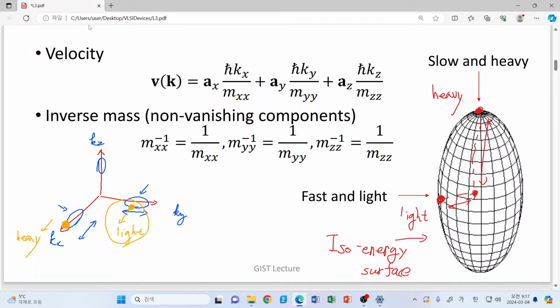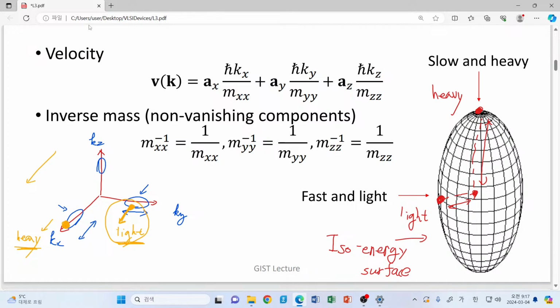So if we are considering certain transport along this x direction, which one is more beneficial and which one is less beneficial? You can easily understand, since this one has light mass, that will give us a fast movement, and this one will be quite bad to carry our charge along this x direction.